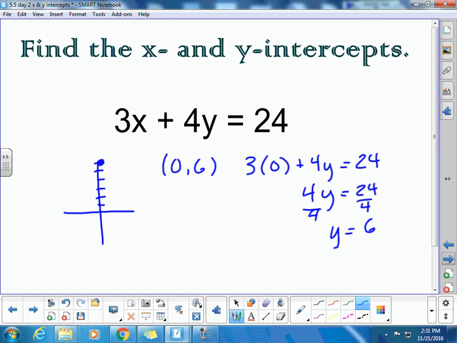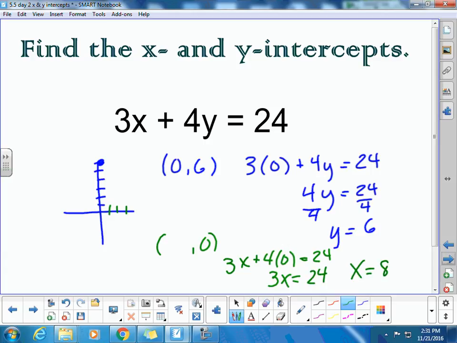Then I want to talk about where it hits the x-axis. It hits the x-axis when y is 0. So let's try putting in 0 for y. I will get 3x plus 4 times 0 equals 24, so 3x equals 24. Divide by 3, and I will get x equals 8.